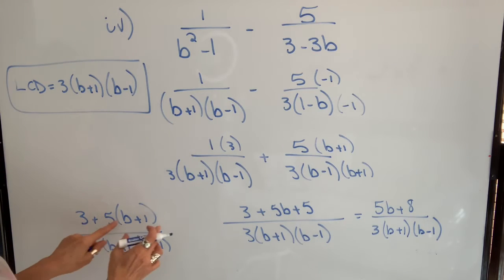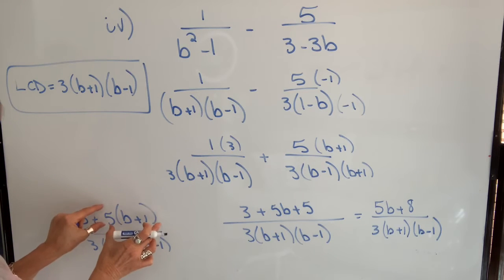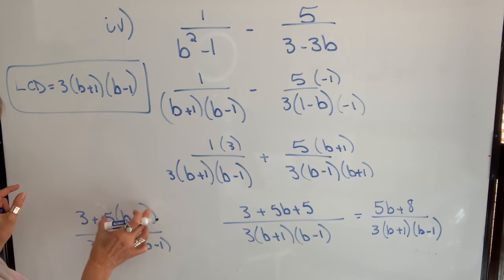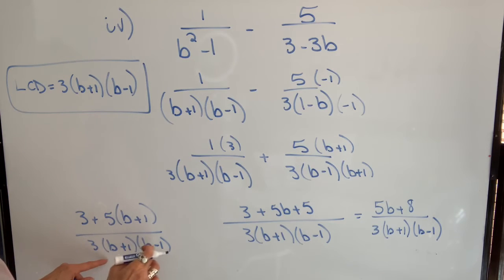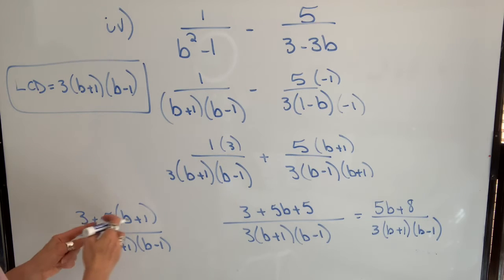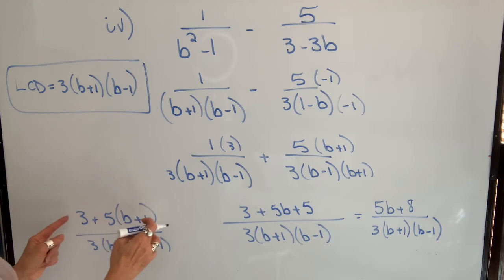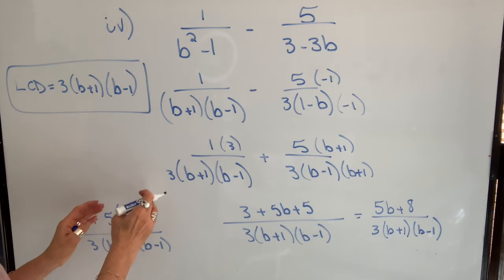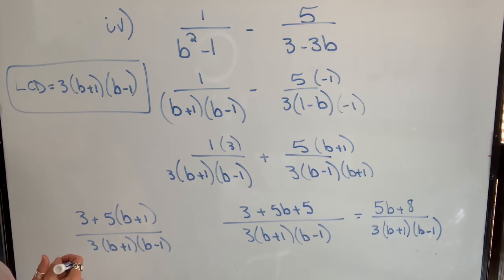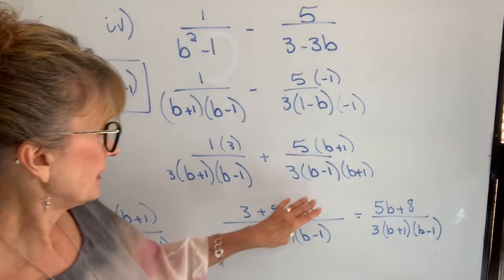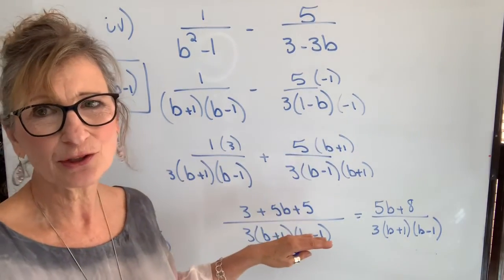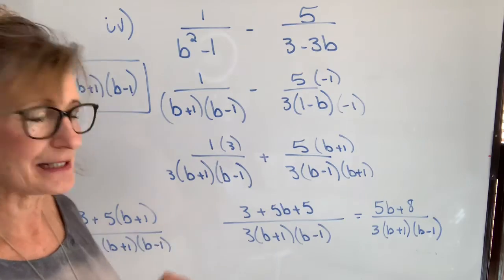No, you cannot, because it's in brackets, but it's in a term, and you cannot cancel a factor in a term with a factor of the denominator. So you have to expand that. That's called partially factored, where part of it's factored, but not the whole numerator. So I try to avoid that and get rid of all my grouping symbols in my numerator so that you don't make that mistake.